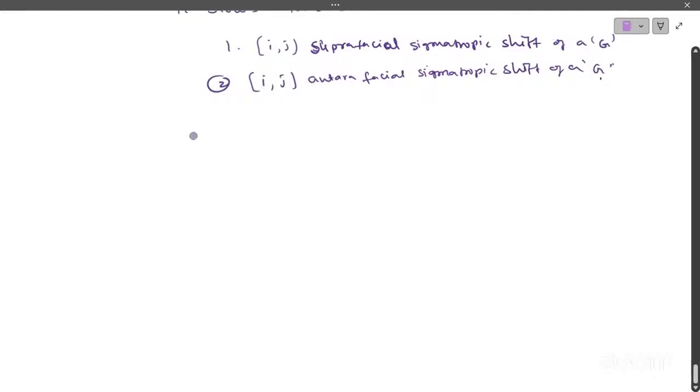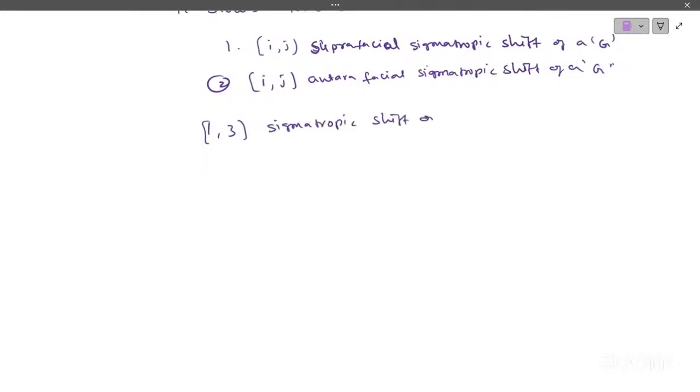1 comma 3 sigmatropic shift of hydrogen.